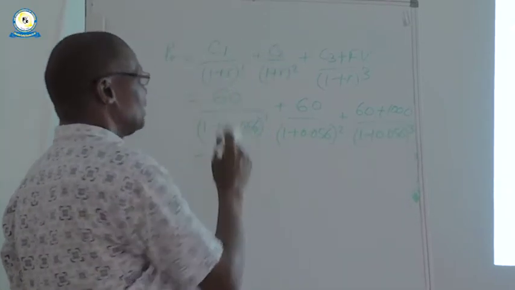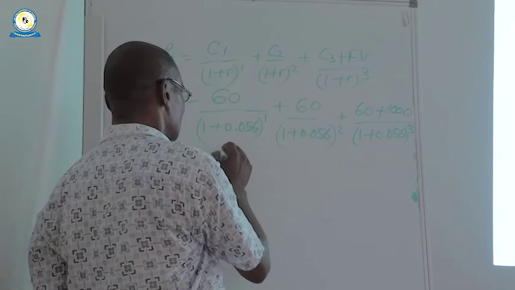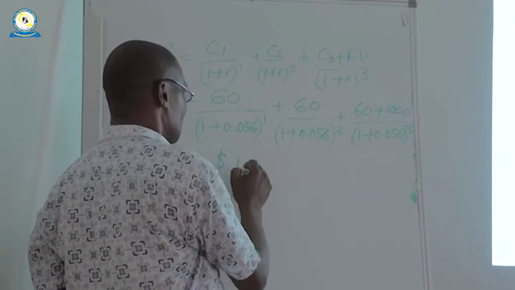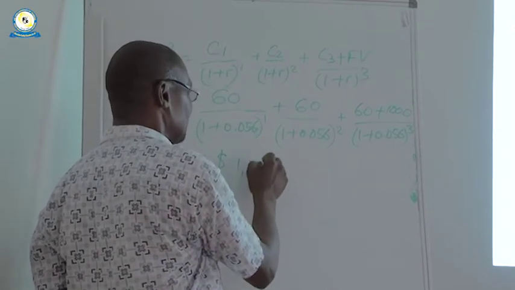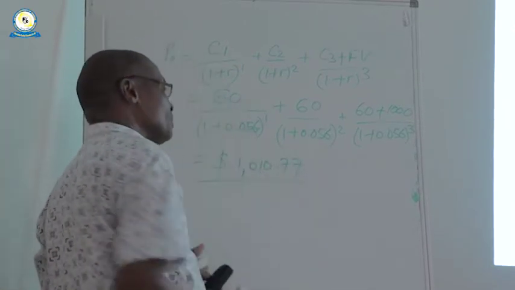Now, if we calculate this, you will get 1,010.77 US dollars. That is the price of the bond.